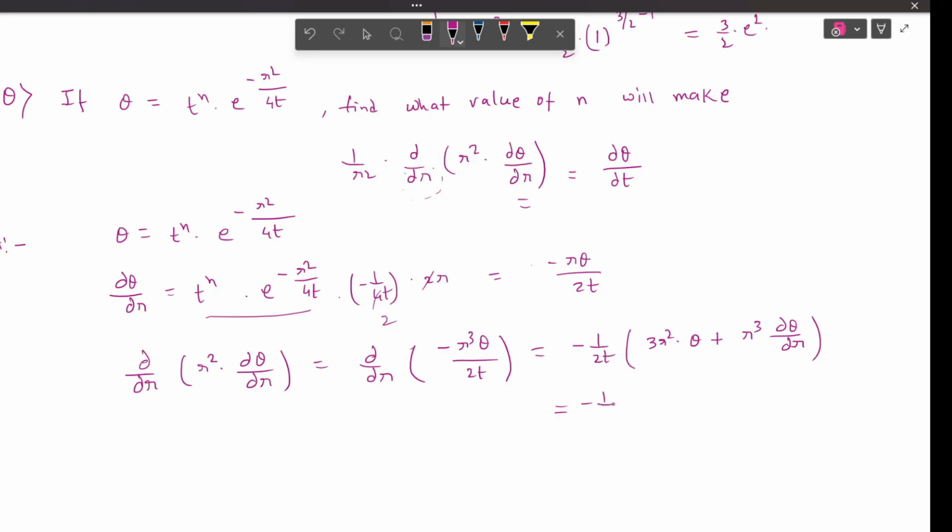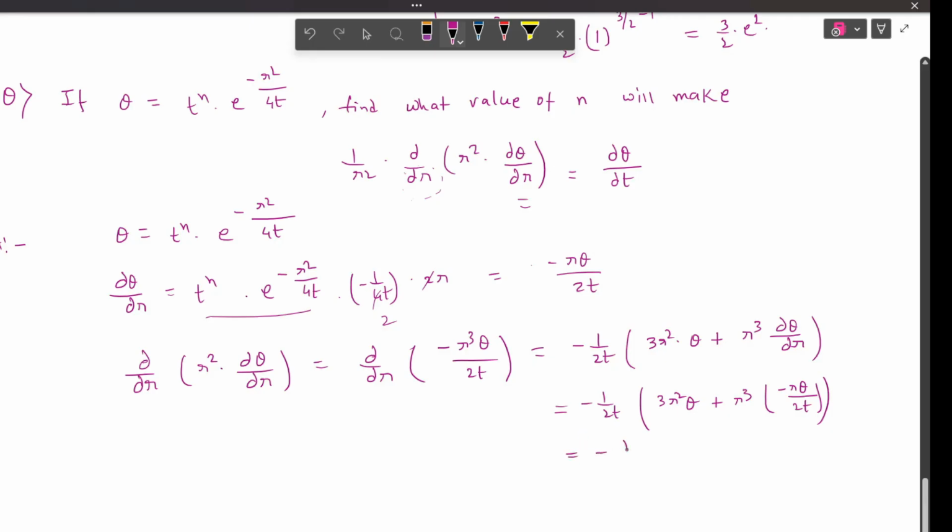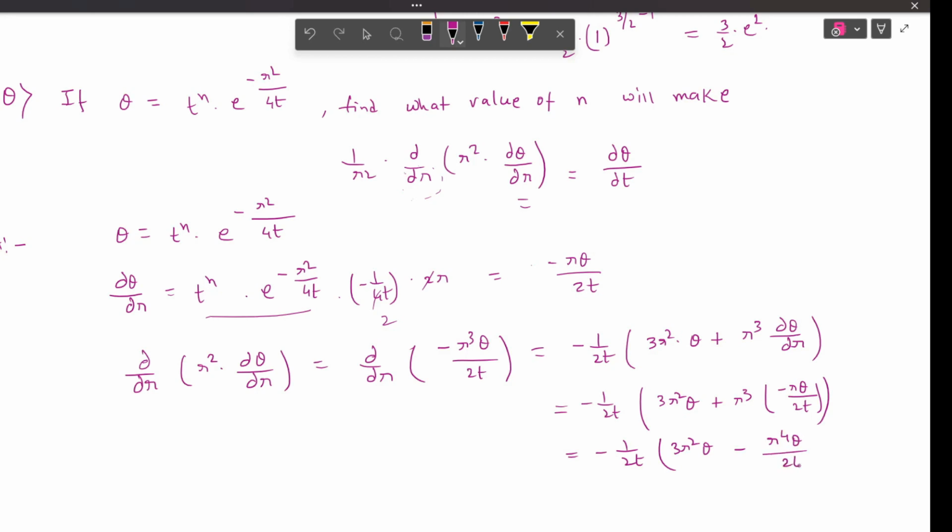So let us put the value: minus 1 by 2t, 3r square theta plus r cube into minus r theta upon 2t. So this will be minus 1 by 2t, 3r square theta minus r to the power 4 theta by 2t.